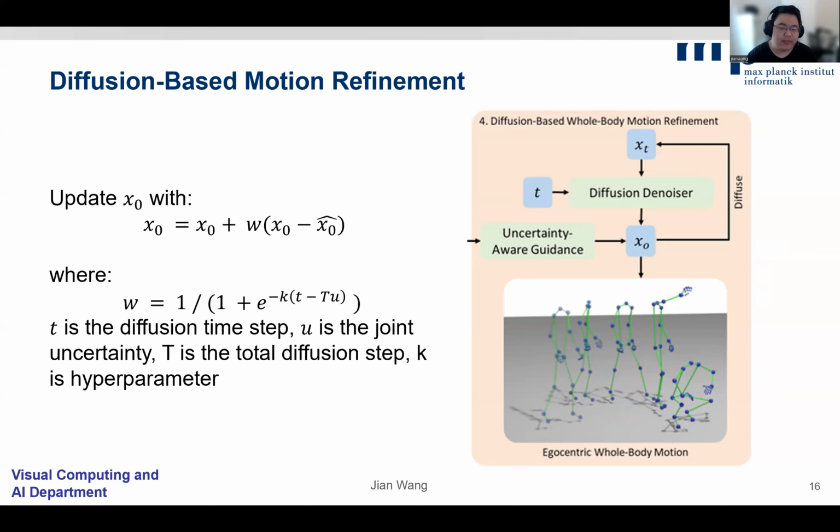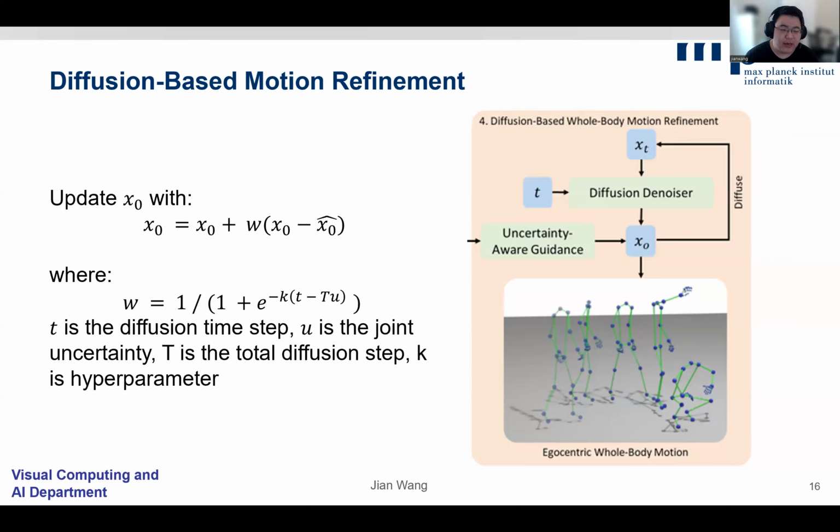In this way, we use classifier-based guidance in the diffusion-based method. In each step, the diffusion denoiser generates X0, the denoised human motion. And we use classifier-based guidance to make sure X0 is close to the estimation X0 hat from the network. But we also need to control it using the uncertainty on each joint, so we have a weight controlling factor here.